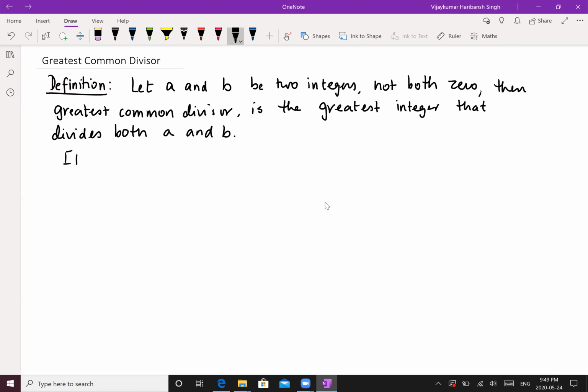The greatest common divisor of A and B is denoted by GCD of A and B, or simply by (A, B). Also, we can extend the definition to 0.